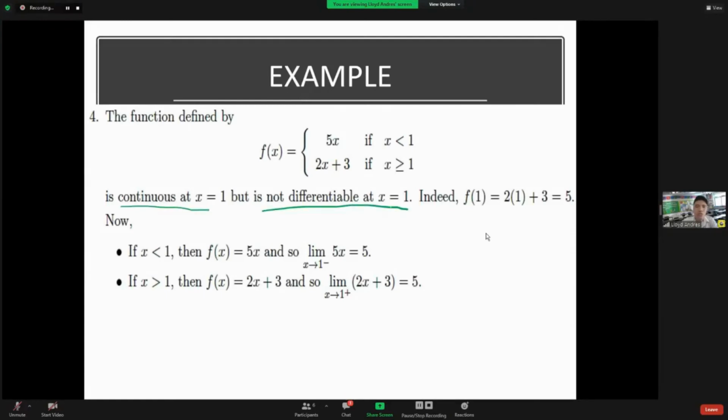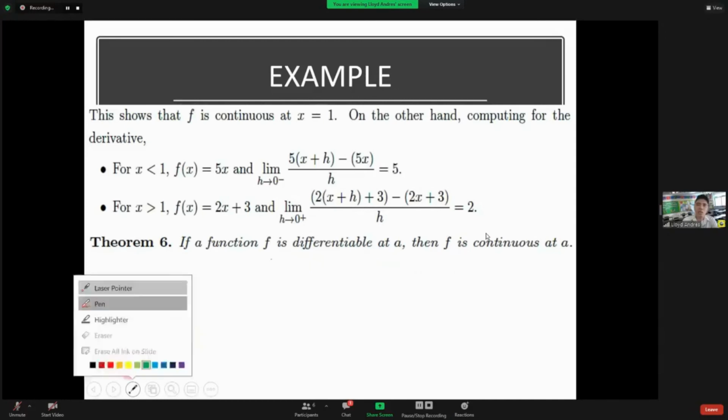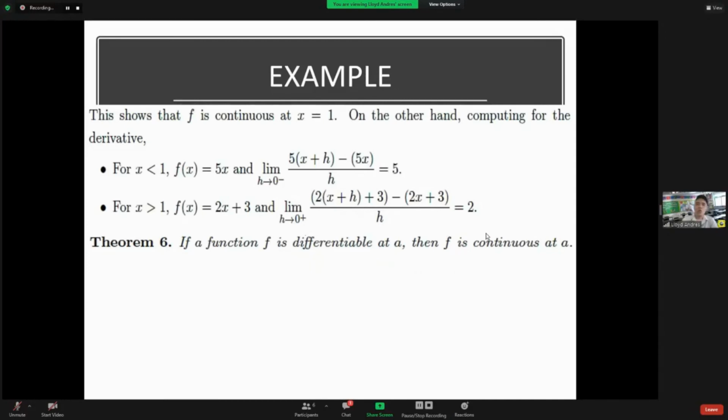Hopefully nakuha siya. But, ang question is, ang kabaliktaran. We have a theorem that states if a function f is differentiable at a, then f is continuous at a. Meaning, kung ganina nga atong gipakita, kung continuous siya, dili pasabot, differentiable na siya dayon.